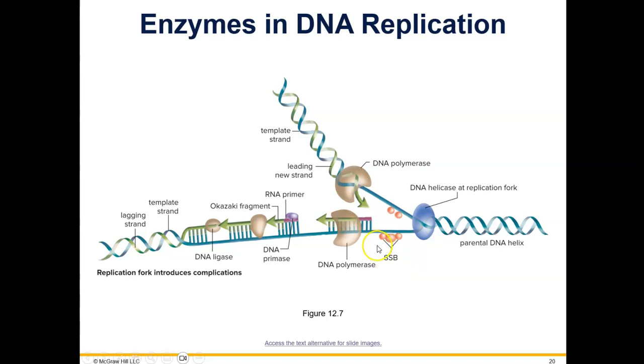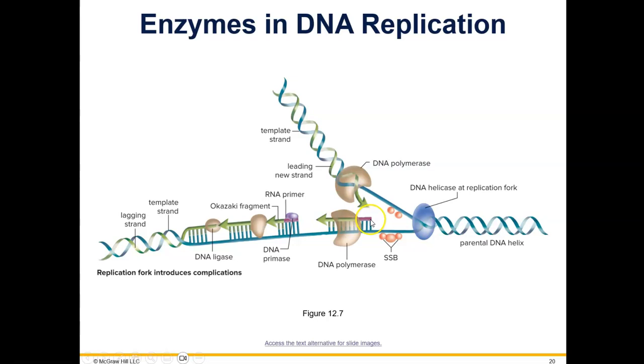So you have your helicase that unwound the parental strands. You have your single-stranded binding proteins that keep the parental strands from reattaching to each other. And then you have DNA polymerase that comes along and finds the RNA primer, which is represented here by this little purple piece.